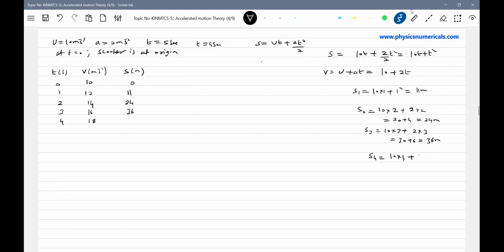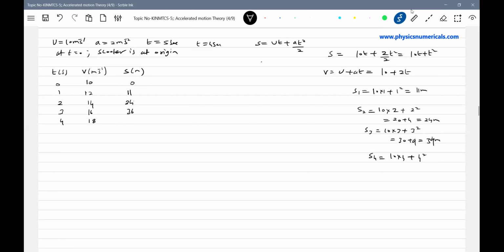Okay, S4 will be 10 into 4 plus... oh, some data went wrong, no? 10 into 2 plus t square, 2 square. Okay, there's no problem with this. This will be 10 into 3 plus 3 square, 30 plus 9, 39. Now I'm making changes. 10 into 4 plus 4 square.